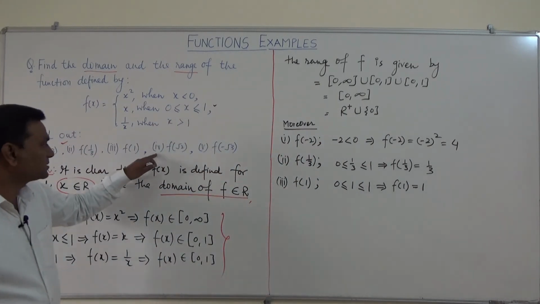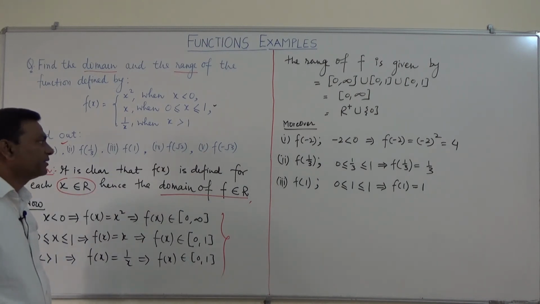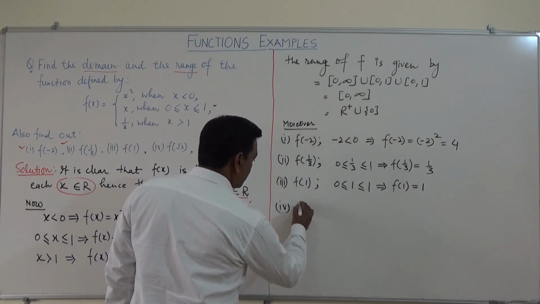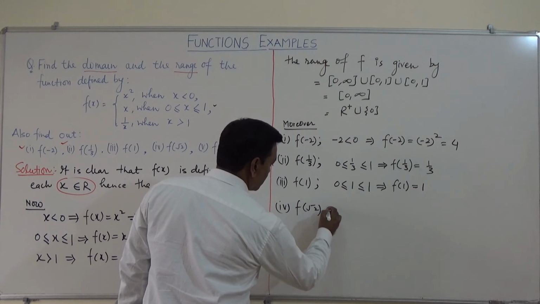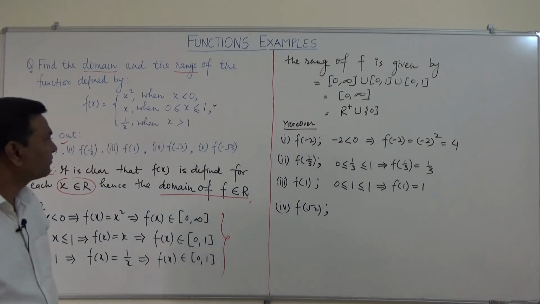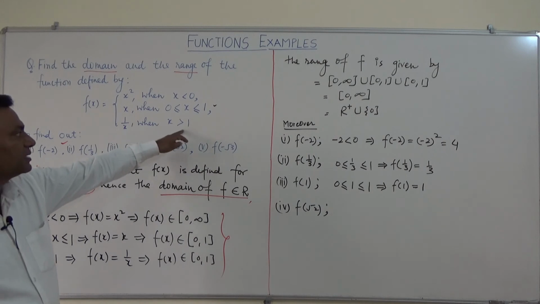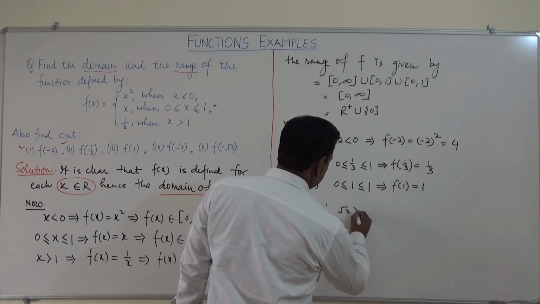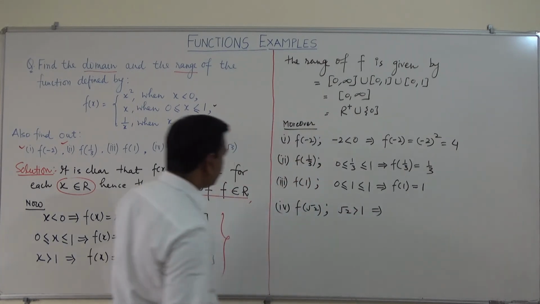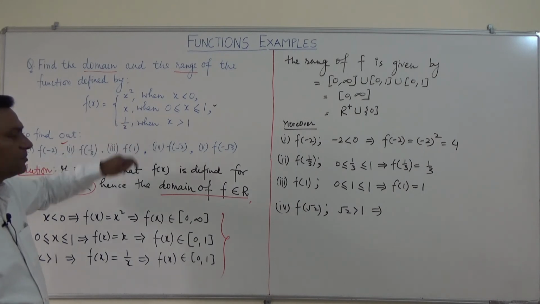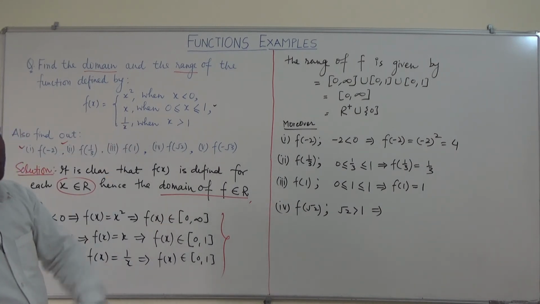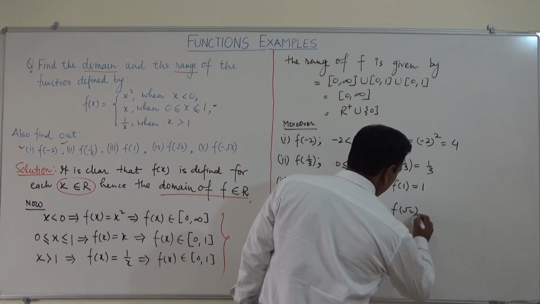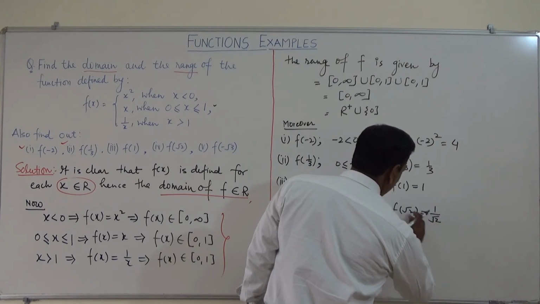Now the fourth one is f(root 2). This root 2 is greater than 1, implies that we will follow the third rule, f(x) equals to 1 upon x. It means f(root 2) equals to 1 upon root 2.